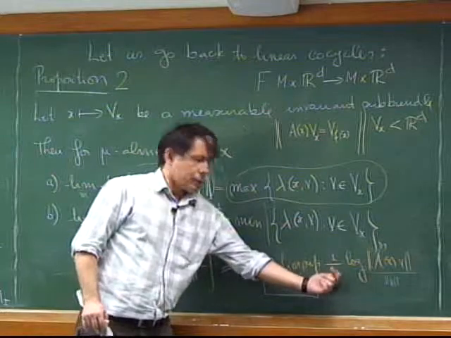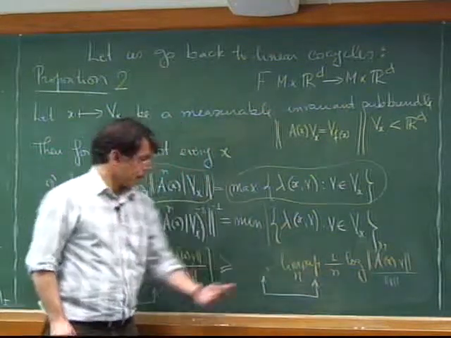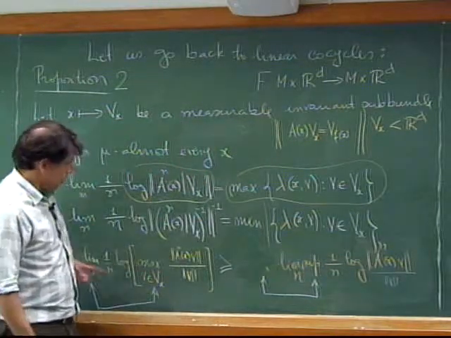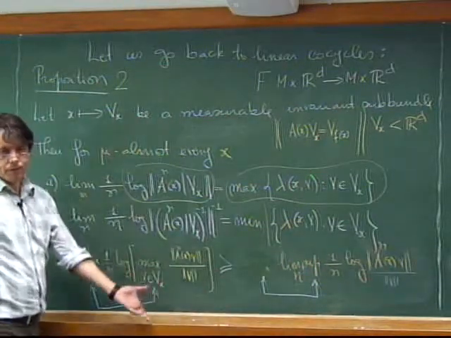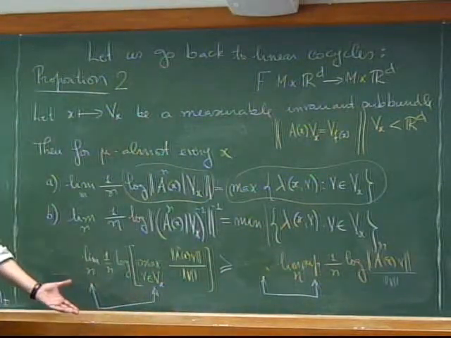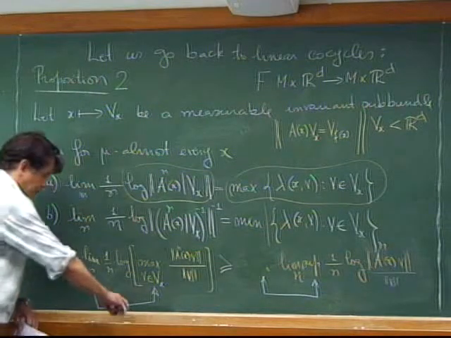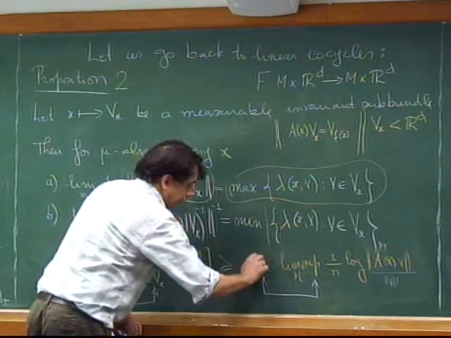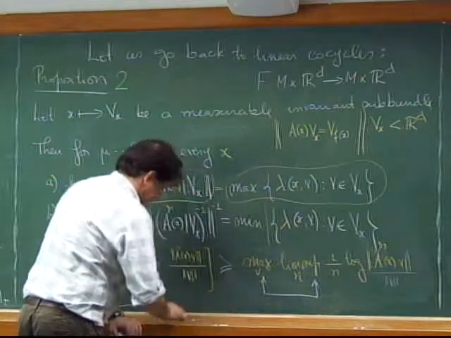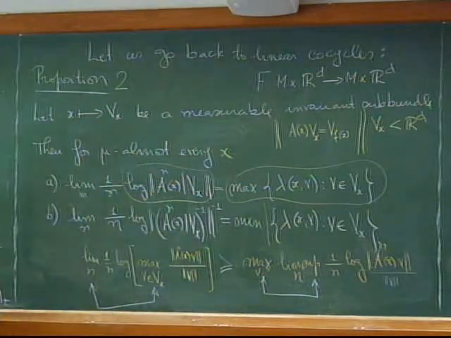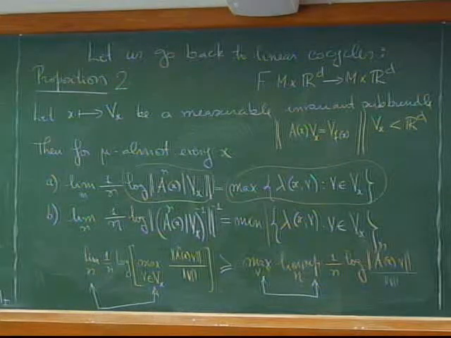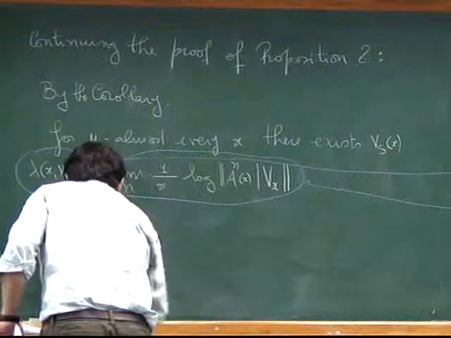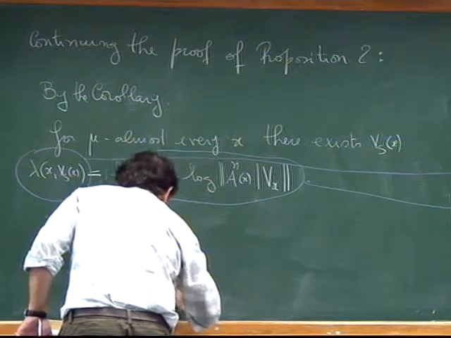Here you go to the limit without taking the maximum. So this number is bigger than that one for any v. Right? If it is bigger for any v, it is bigger than the maximum. Okay? So this inequality is obvious.